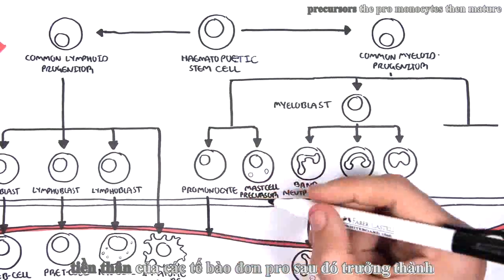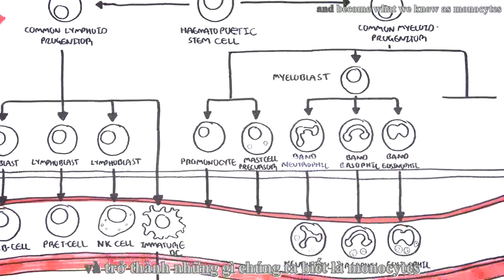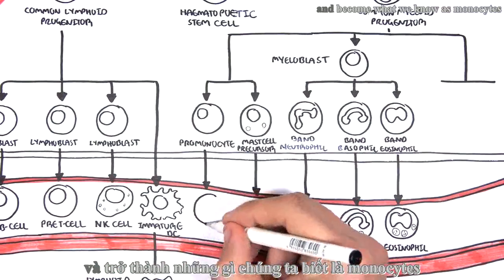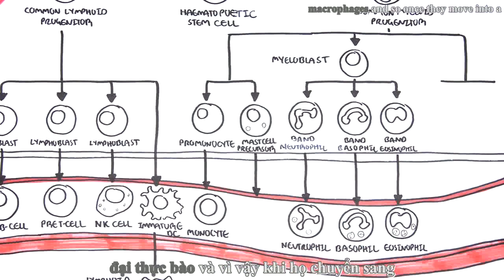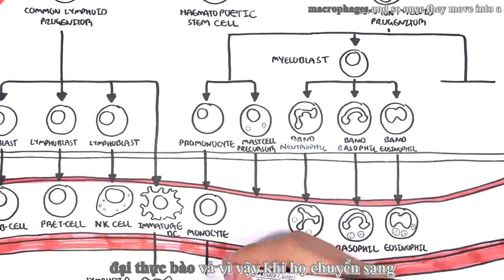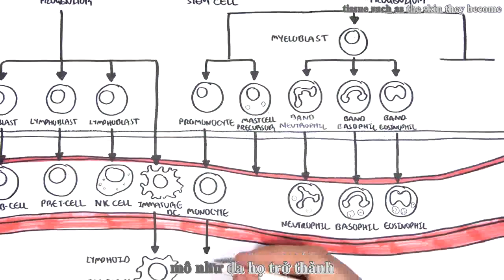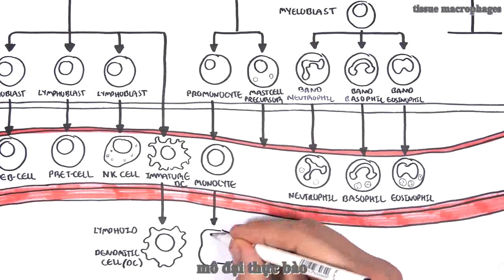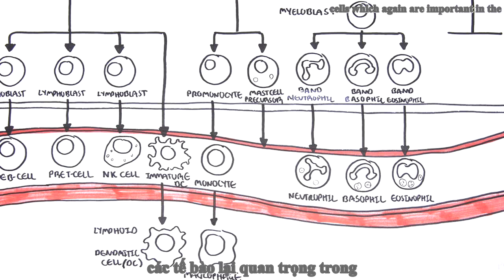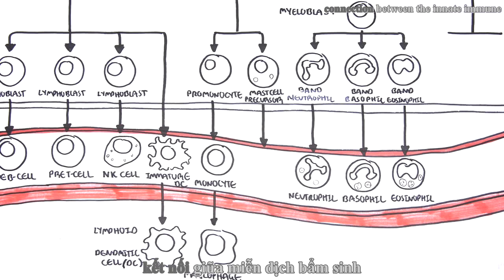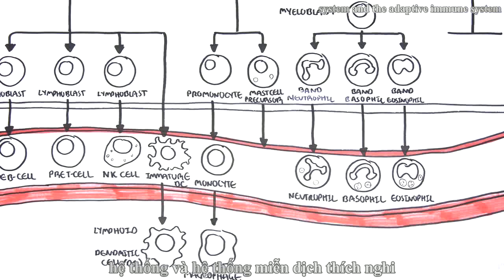The pro-monocytes then mature and become what we know as monocytes. Monocytes are essentially circulating macrophages, and so once they move into a tissue, such as the skin, they become tissue macrophages. And macrophages are antigen-presenting cells, which again are important in the connection between the innate immune system and the adaptive immune system.